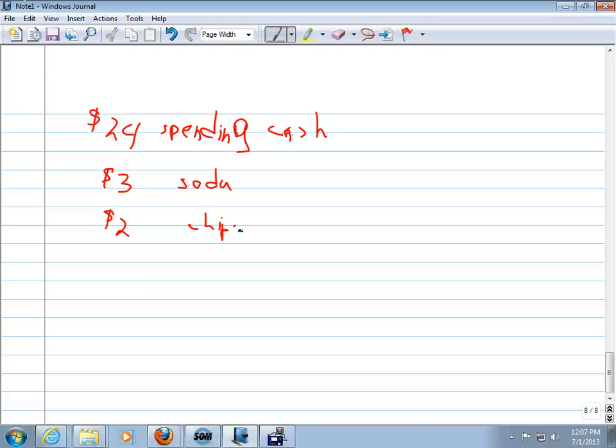Because you only have so much money, right? So all right, let's put it this way. If you bought one 6-pack of soda, you spent already $3. But you have how many bucks? 24. So how much is left? 21. So how many bags of chips can you buy? At $2 a pop. 10.